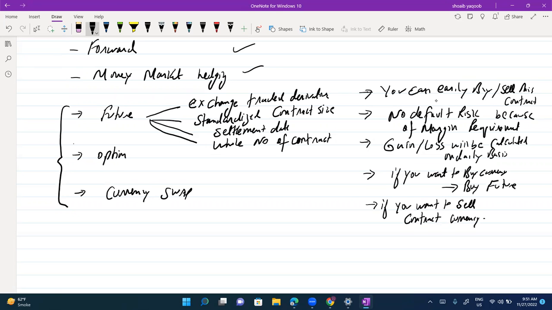Currency तो दो होती है ना पेयर में. There will be two currencies in a pair. So which currency you are going to buy? If you want to buy contract currency, buy future. If you want to sell contract currency, sell future.